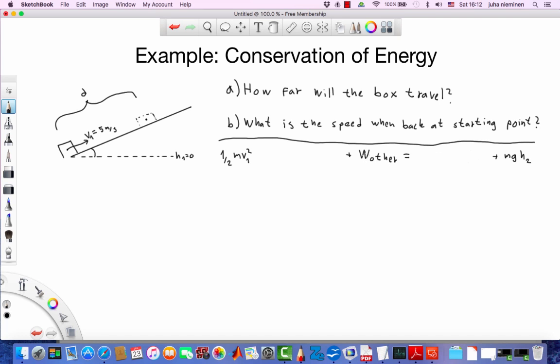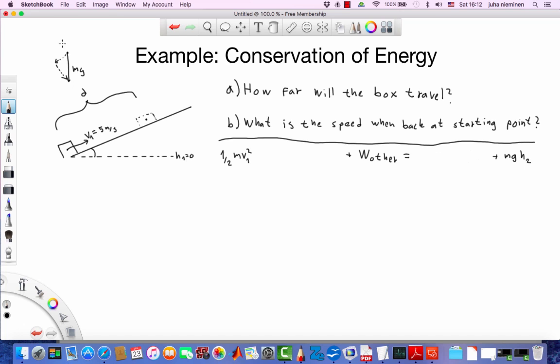Okay, and now the question is, what is the W other? So that is the work done by the friction. So if we have a free body diagram, gravity is of course down. Gravity has 2 components, like this.